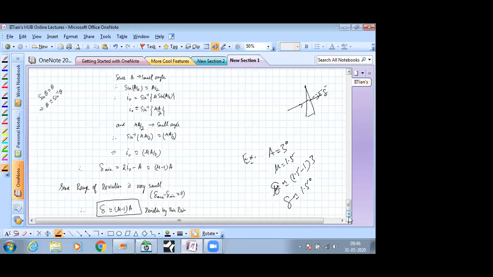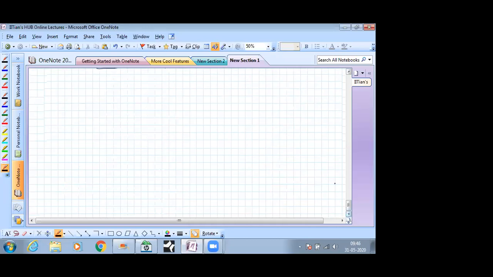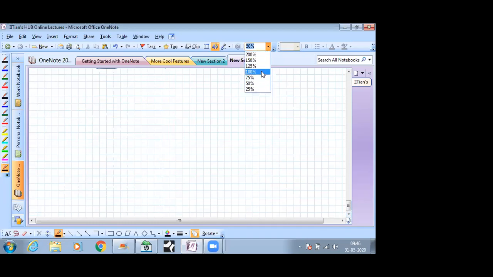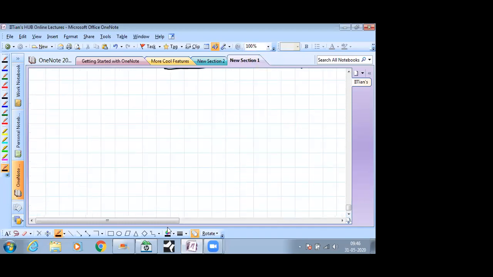So another way to understand why the deviation is very less for a thin prism is to understand it like this, that suppose there is a thin slab. So what happens to a ray of light incident over here? It's undeviated. It just has lateral deviation. It does not have any angular deviation.